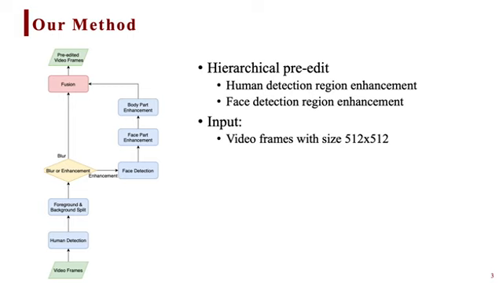Then I'm going to talk about our method. Our method contains two parts. The first part is based on human detection. In this part, we first detect the human salient area with YOLO V3, and then we get the foreground and background split.